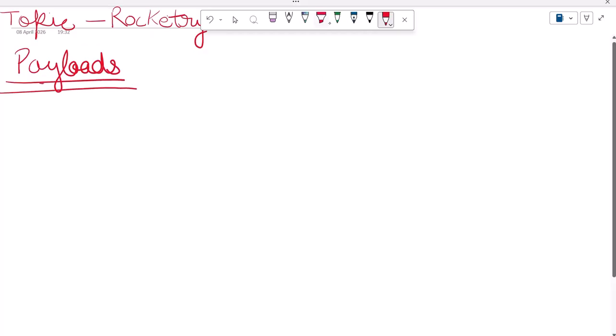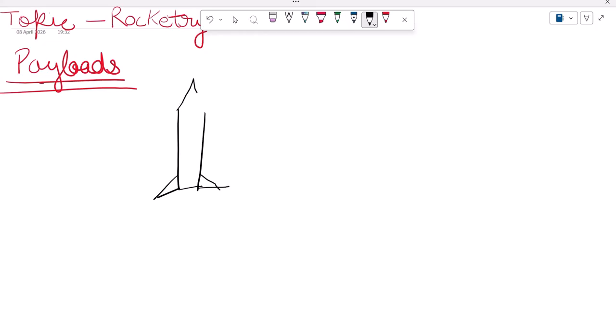Payloads. First of all, suppose this is your rocket. The rocket is in this shape only.